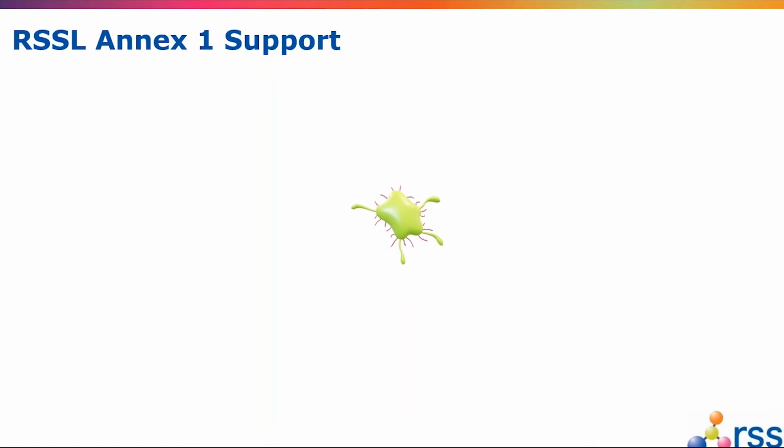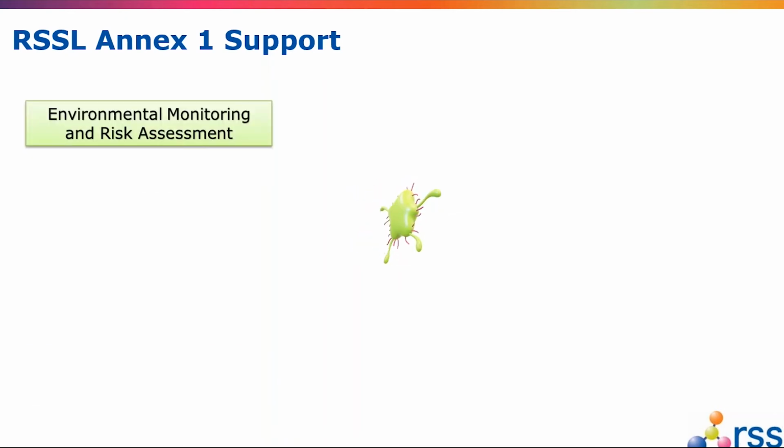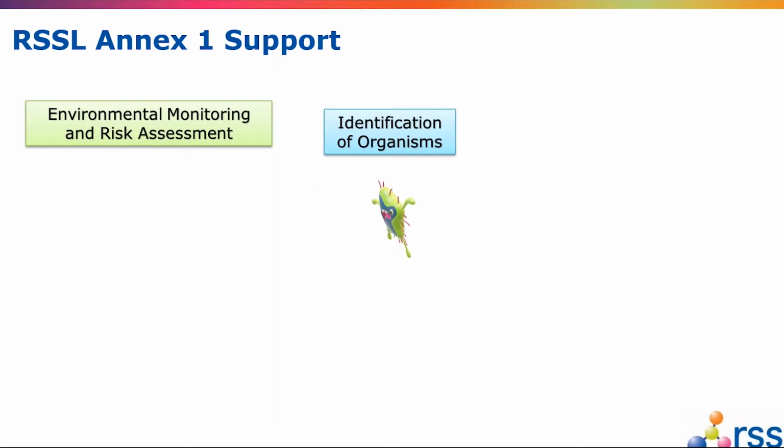RSSL can help your Annex 1 requirements by helping with environmental monitoring. This can include coming on site to perform risk assessments. We can supply plates, we can lay out plates, or we can just incubate and count any of your own environmental monitoring plates and identify any colonies, any organisms that we've just acquired.